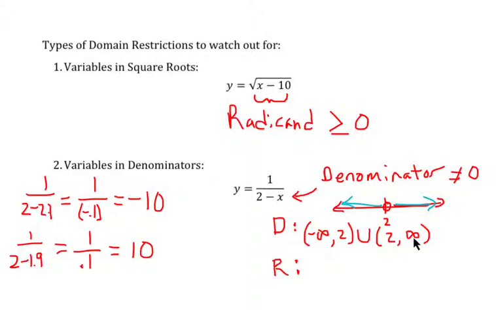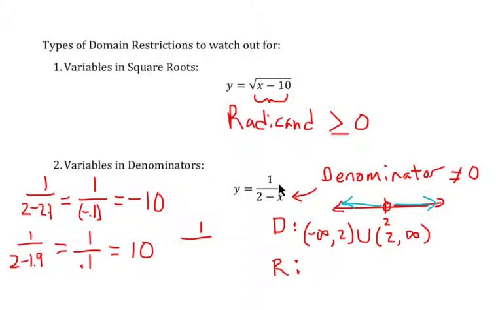So what happens as x gets infinitely large? We've got to think about that real quickly. As we go to infinity, when we plug in a large number here, we're going to have 1 over a large number. So we're going to have 2 minus, let's say, 1,000,000. Or if we go to the negative, we're going to have 2 minus negative 1,000,000.